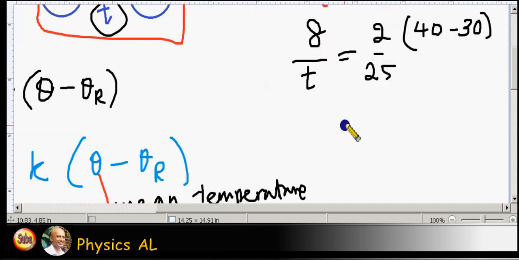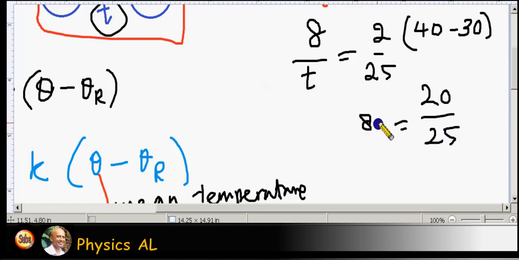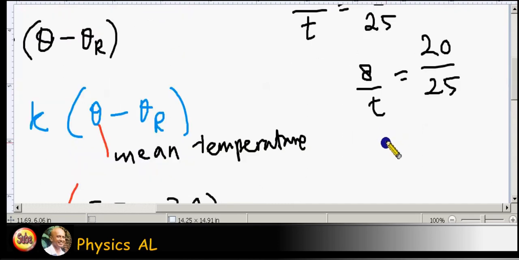Then 10 here. 10 into 2, 20, divided by 25. 8t. Then 4 times, 5 times, 4 times, 1 times, 2 times.